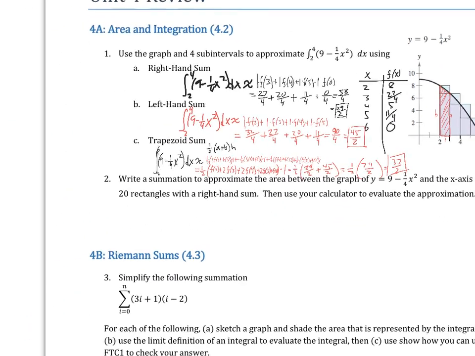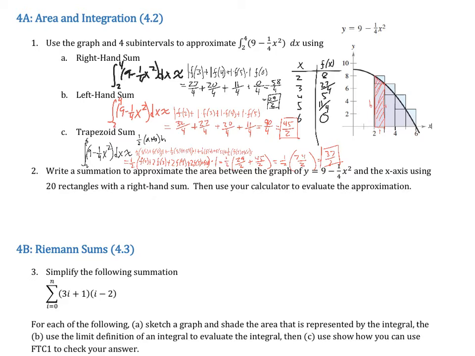All right, let's cruise along. Next one, we want to write a summation for the approximate area between the graphs of y equals 9 minus 1/4 x squared. It goes like this. There's half of it right up here. It's going to intersect at 6 and negative 6.